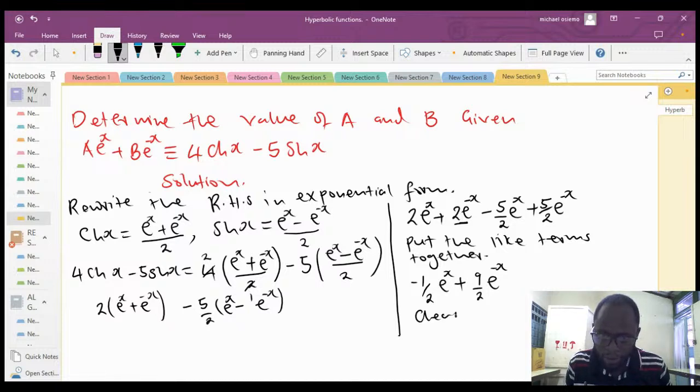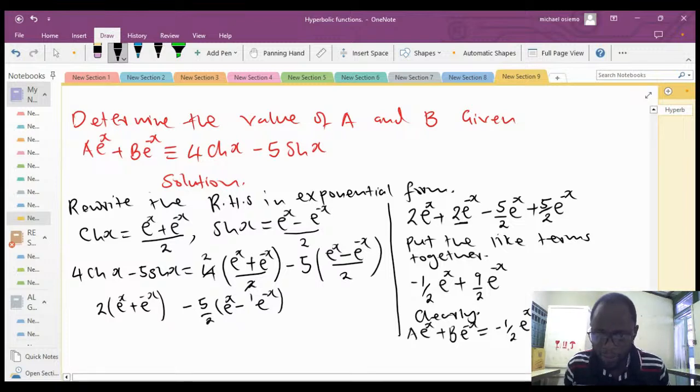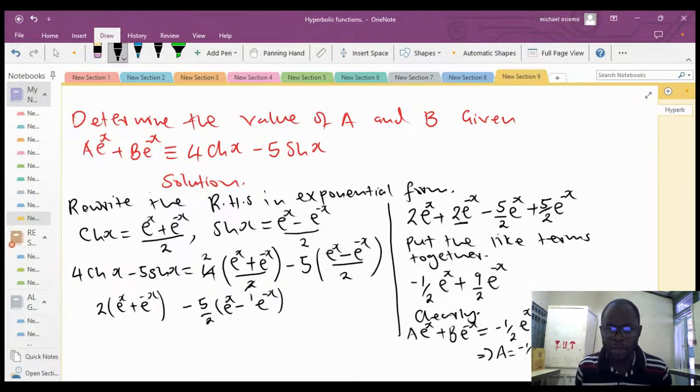Clearly, we have a exponential x plus b exponential negative x is equal to negative a half exponential x plus 9 over 2 exponential negative x. So this implies that a will be equal to negative a half and b will be equal to 9 over 2. That's the end of that question.